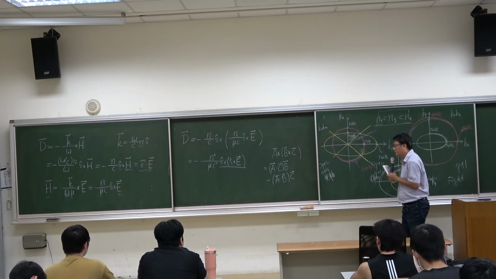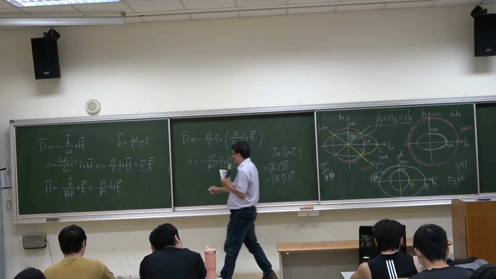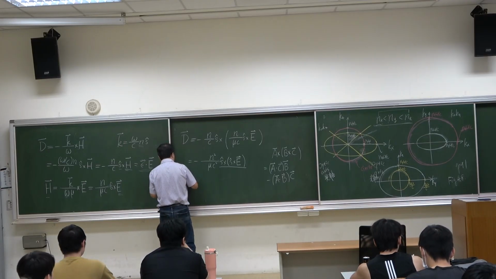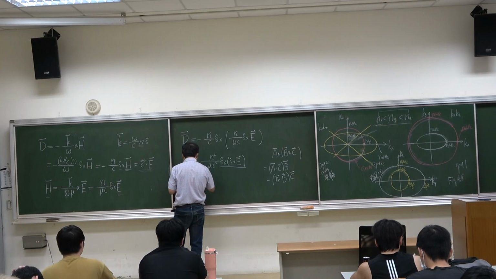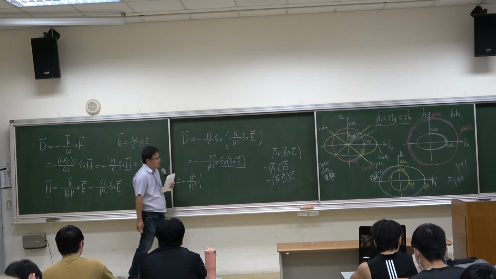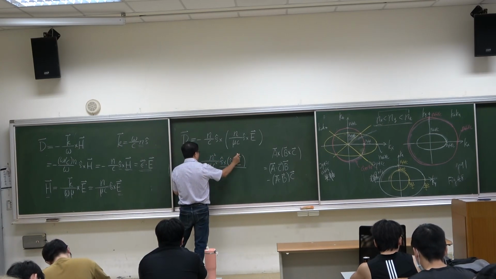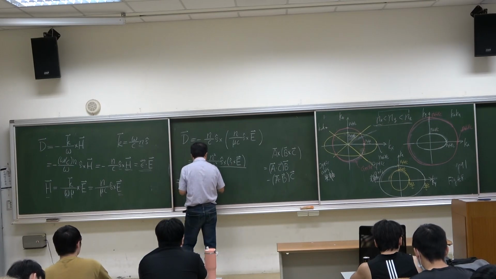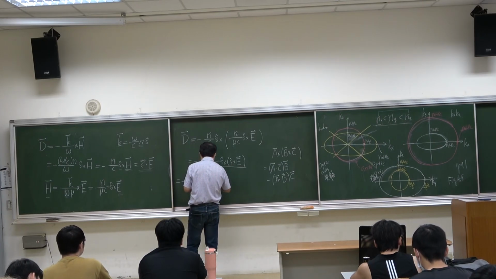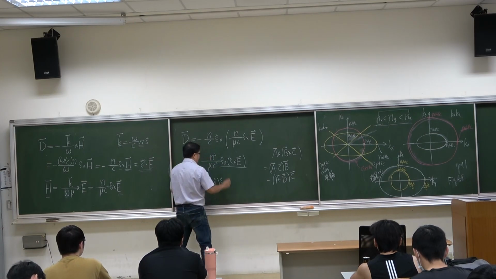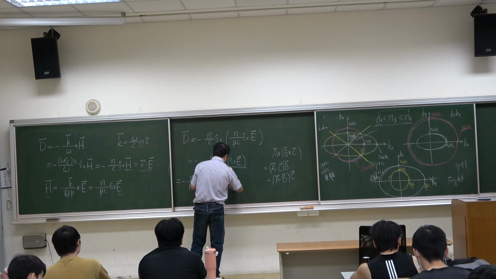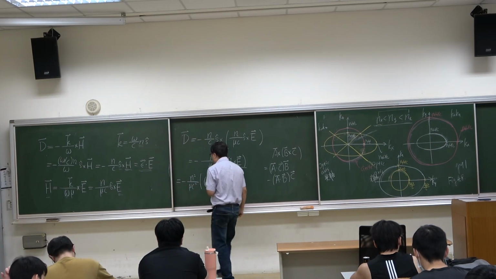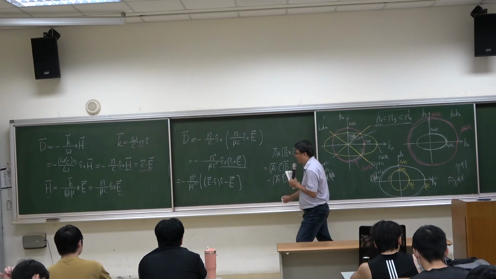Okay? So this means that we have D equal to minus N squared over mu C squared times (S dot E) S minus (S dot S equal to 1) E. Okay. So what is this?